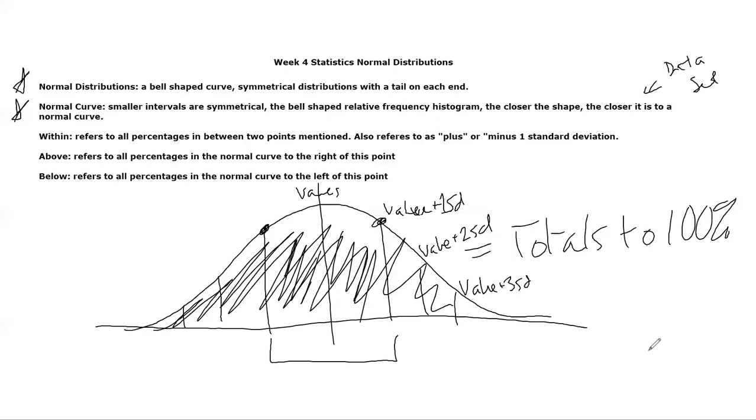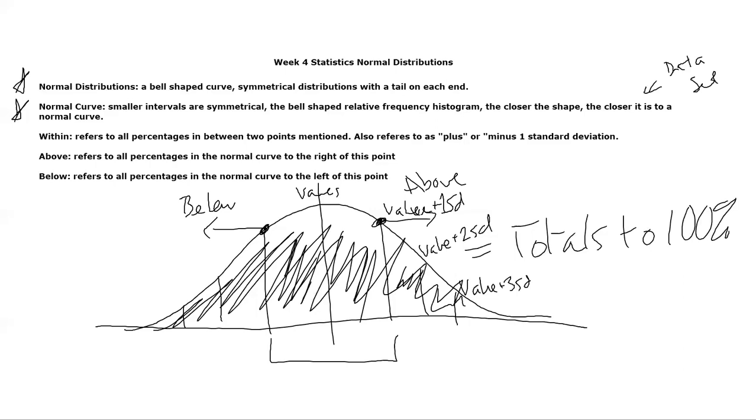If I'm referring to above, that means that if I want to know above this point, I want to know all the percentages to the right of that point. If I want to know below, below means left, above means right, of whatever point you're talking about. So those are going to be important vocabulary words.